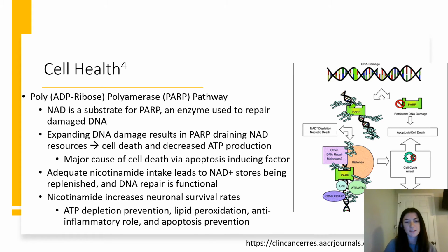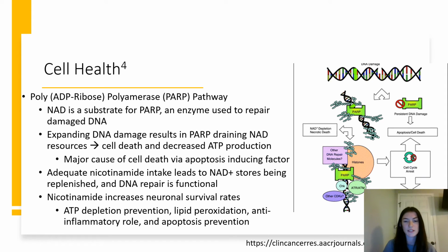A major cause of this cell death is apoptosis-inducing factor, which happens when we don't have enough NAD in our mitochondria. When we get adequate intakes of nicotinamide, we replenish our NAD stores, and then we can repair DNA as normal. So we want to make sure that we are meeting our RDAs for niacin.